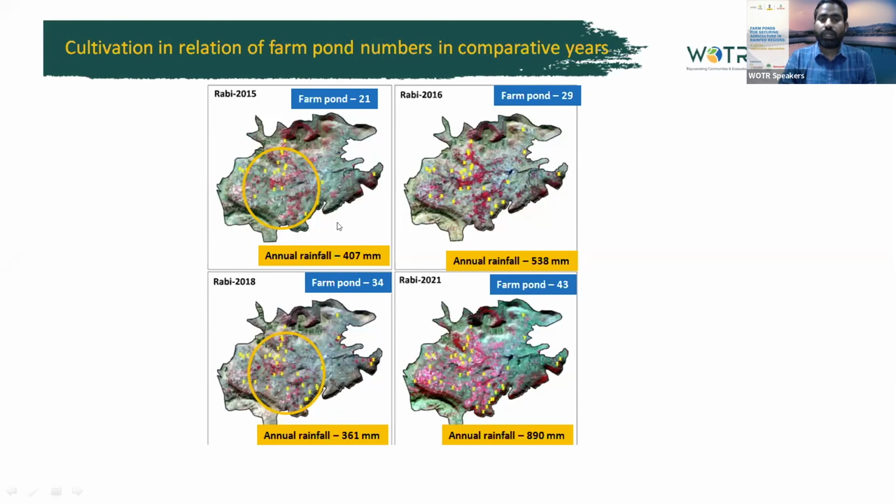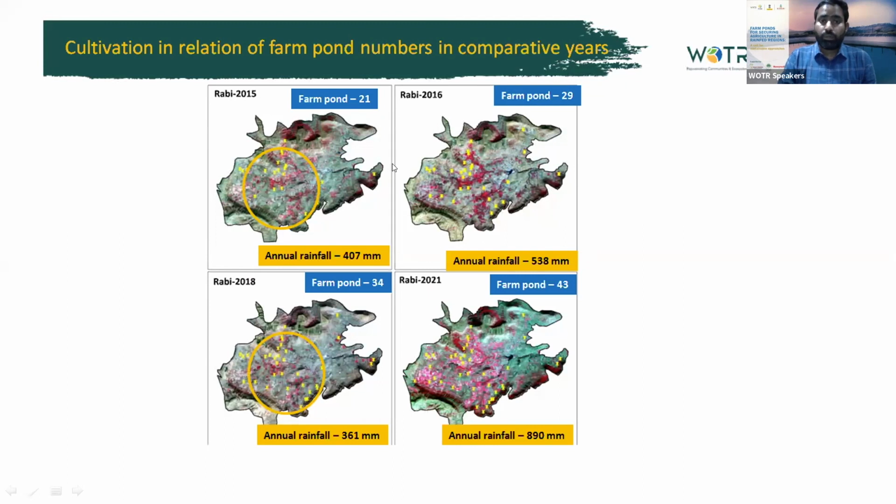In this map for 2015 and 18, the yellow pins are the locations of the farm ponds, and the red patches represent the agricultural or cropped area. Even in the drought year, the cropped area is very clearly visible, which means the farmers are able to take crops in the Rabi season after a drought year.